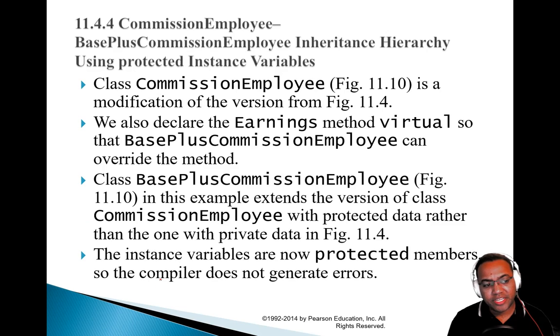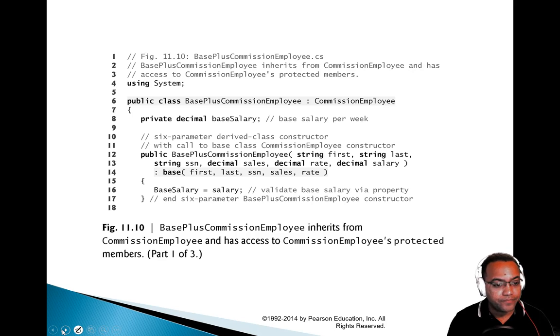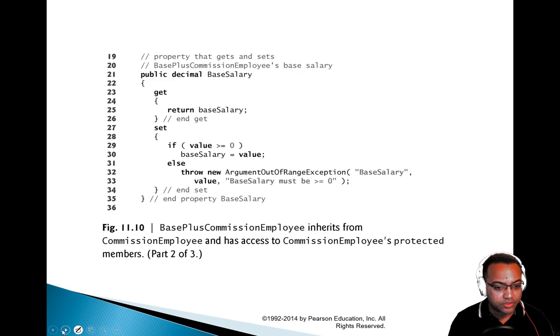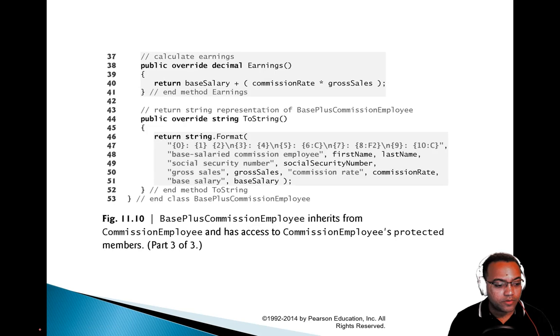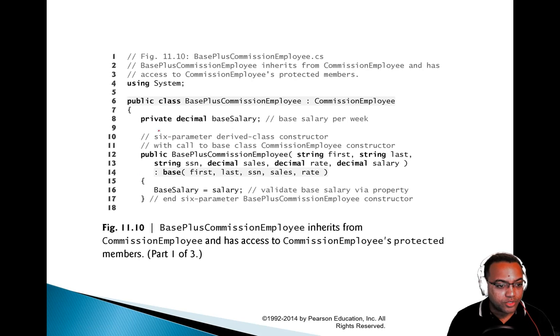Class CommissionEmployee is a modification of the version in figure 11.4. We also declare the Earnings method virtual. So I'm not going to read this. I just want to look at it now. Let's look at it and see what it looks like. All right, so here's the BasePlusCommissionEmployee, and it all kind of looks the same. Okay, let's go back really quick. So there's one private decimal, base salary.